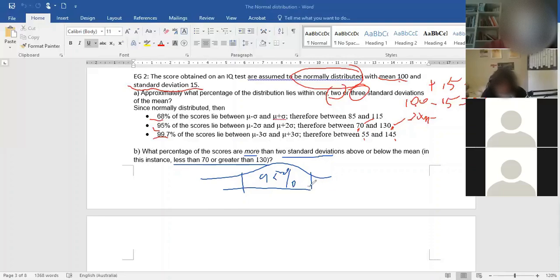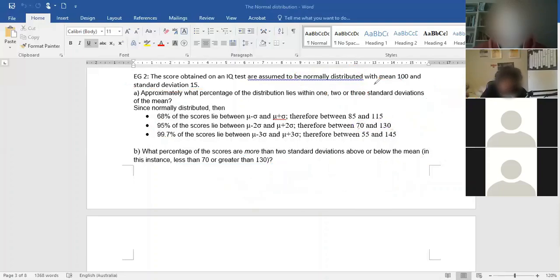That means we want above this part and below this part, because that's 70 and 130. Altogether, if there's 95 in here, that means we have 5%. 5% of the scores are either more or less than 2 standard deviations. Any questions there? Okay, I'll clear that one.